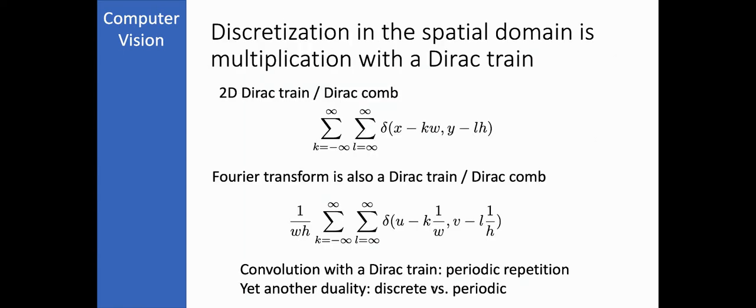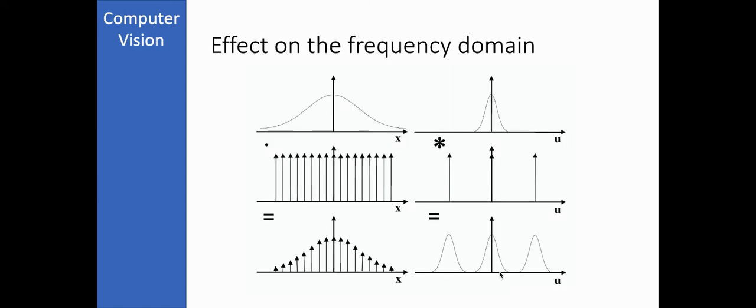But if W and H are large, if the sensors are large, the Dirac comb separation in the Fourier transform domain will be very small, meaning that I will paste the repetitions very close to each other. In the end, there will be overlaps.